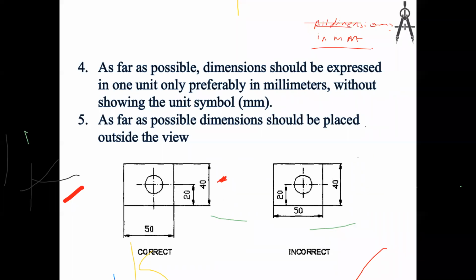All dimensions are in millimeters. So that means you are marking all the dimensions in millimeters. If you are going to mark all the dimensions in inches, then you have to change the description to all dimensions are in inches.